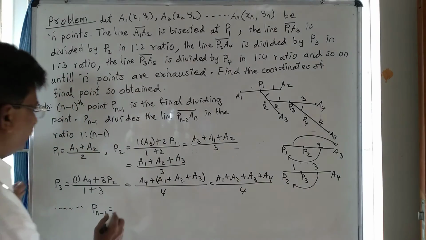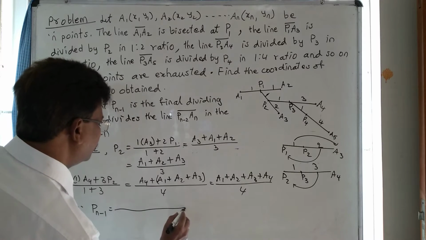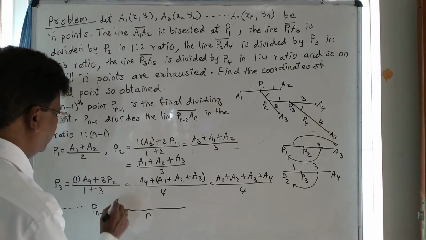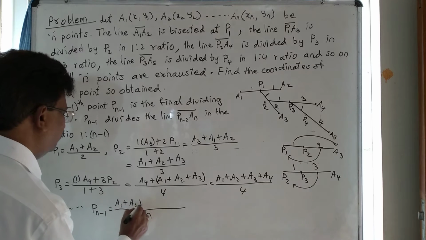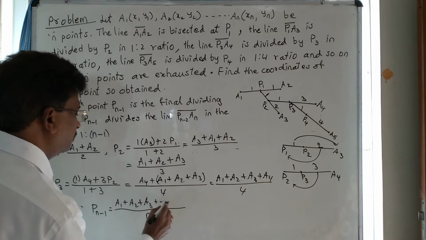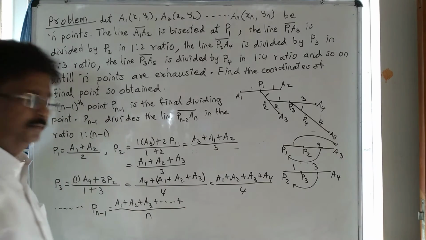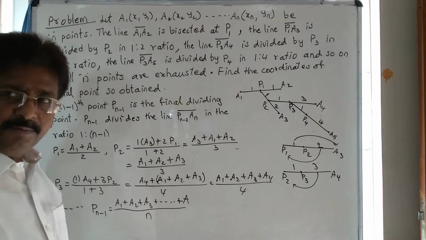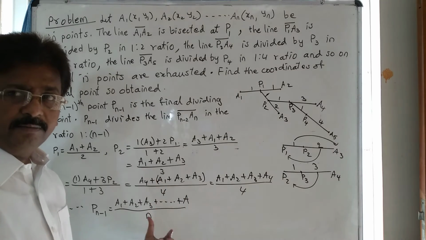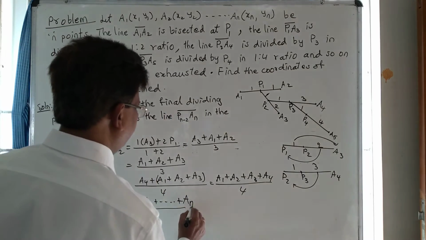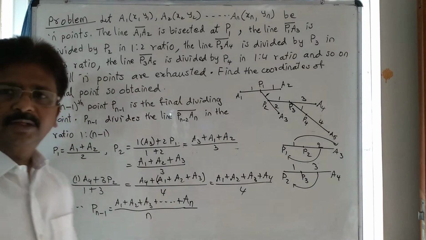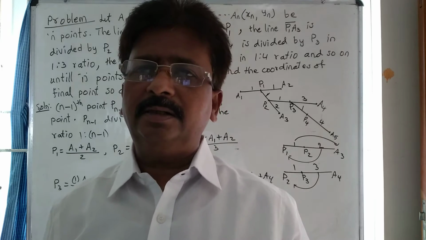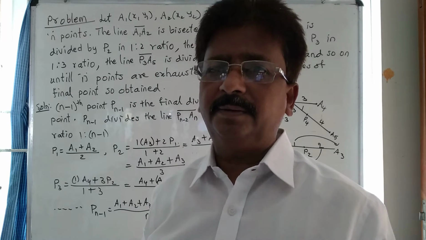Therefore, Pn minus 1 we can write first with n, and starting point A1, next A2, A3, and so on. What is the final point? A, and the suffix number is the same as the denominator number, n. Okay, we got the final point. We did not write the coordinates, we have just identified the final point.